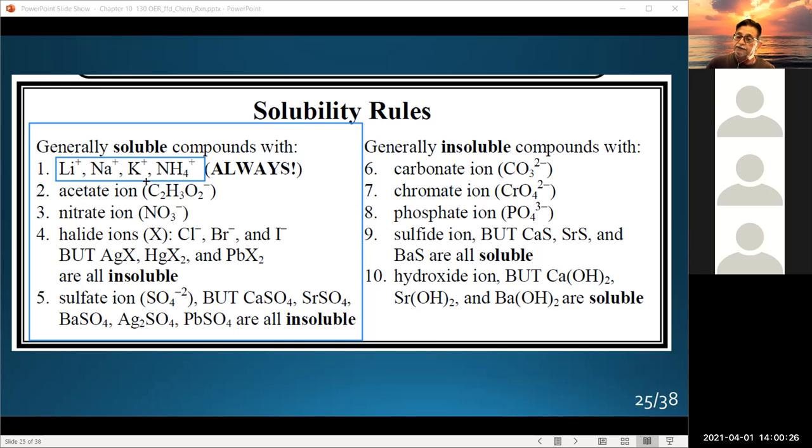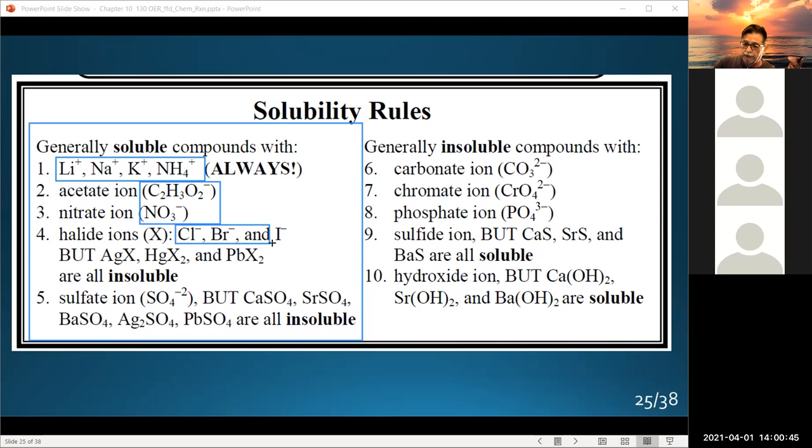Any of the cations, regardless of what they are, bonded with the acetate ion and the nitrate ion are 100% soluble. The same is true for the halides.